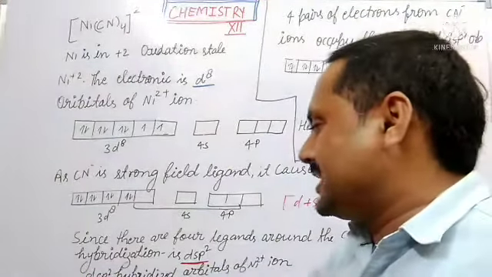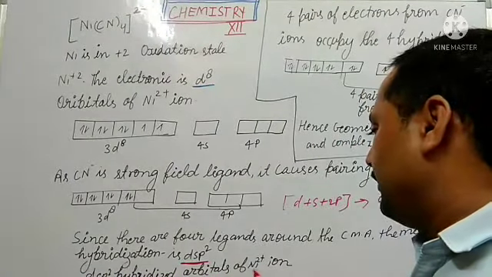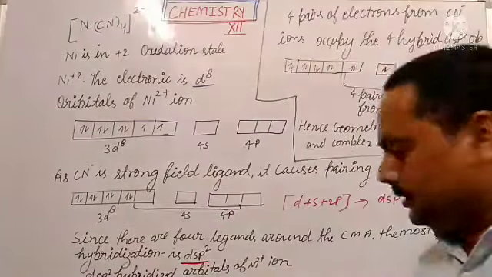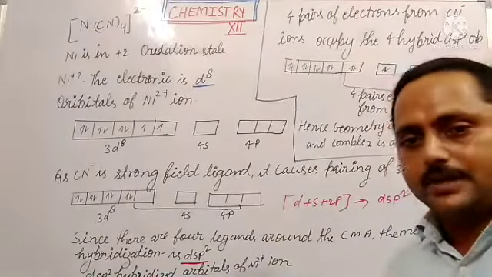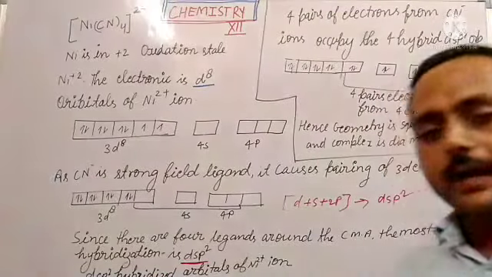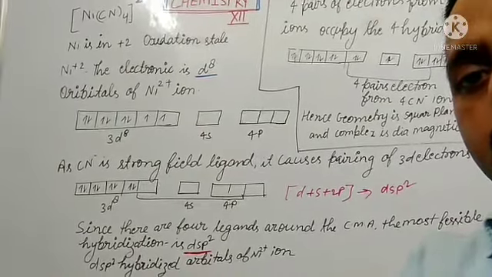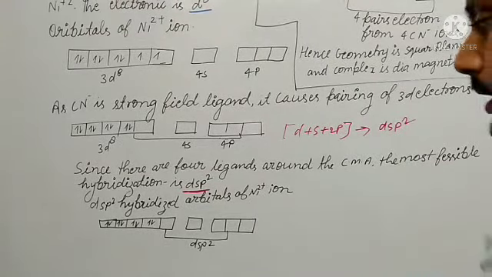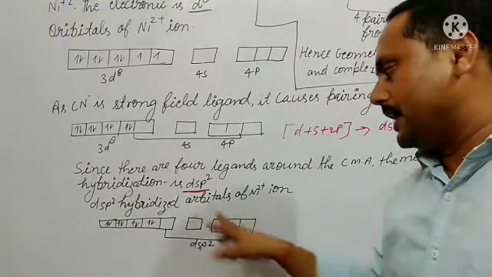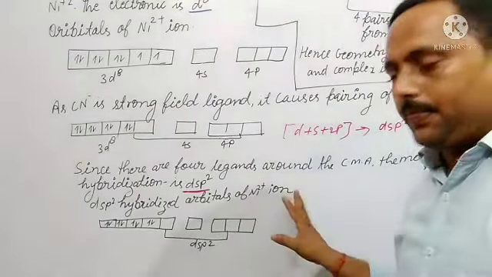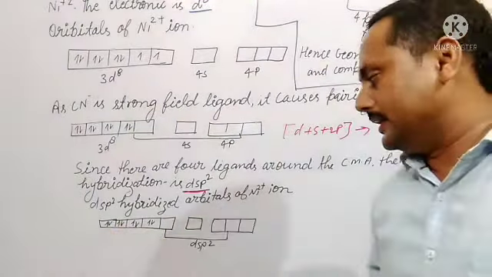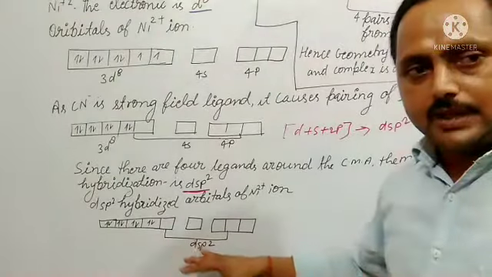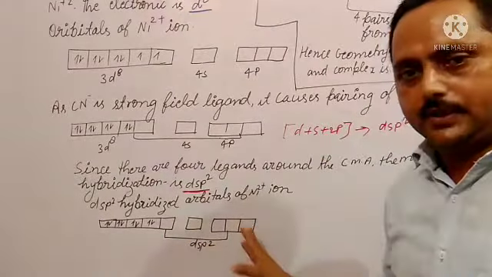These are the dsp2 hybridized orbitals of Ni2+. These 4 dsp2 hybrid orbitals are empty.